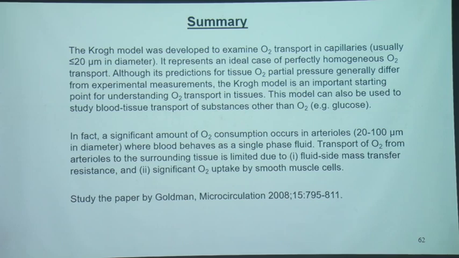Even though it has lots of assumptions and limitations, the cross-cylinder model is an important starting point for understanding oxygen transport in tissues. This model can also be used to study blood-tissue transport of substances other than oxygen, for example, glucose.